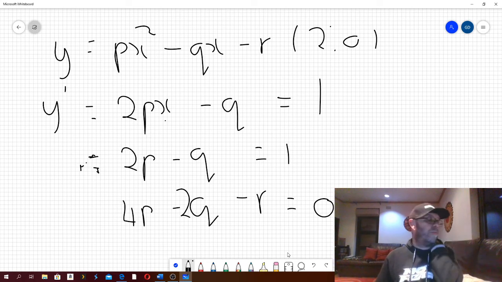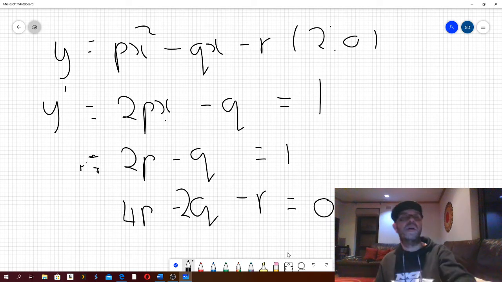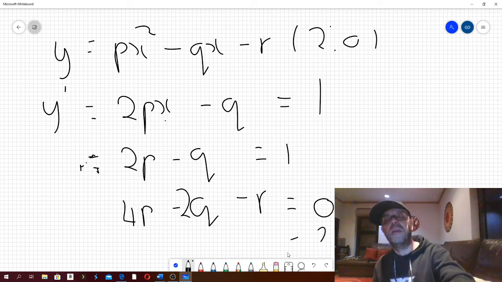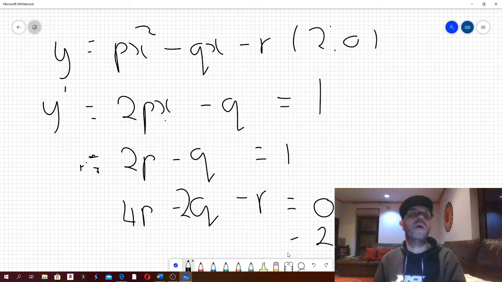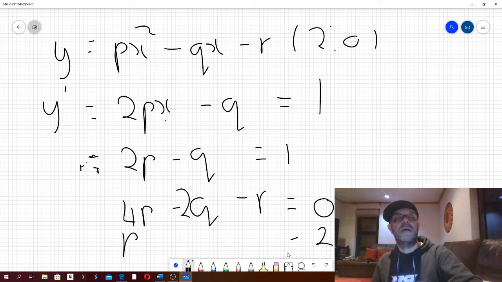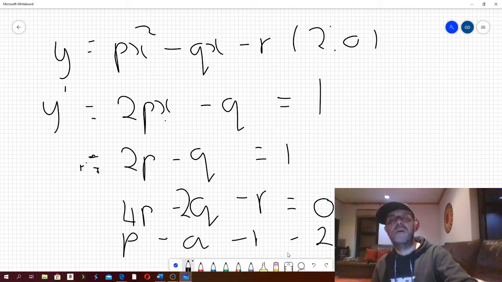But I've also got another point, (1, -2), so I can put that in as well: -2 must be equal to p times 1 minus q minus r.